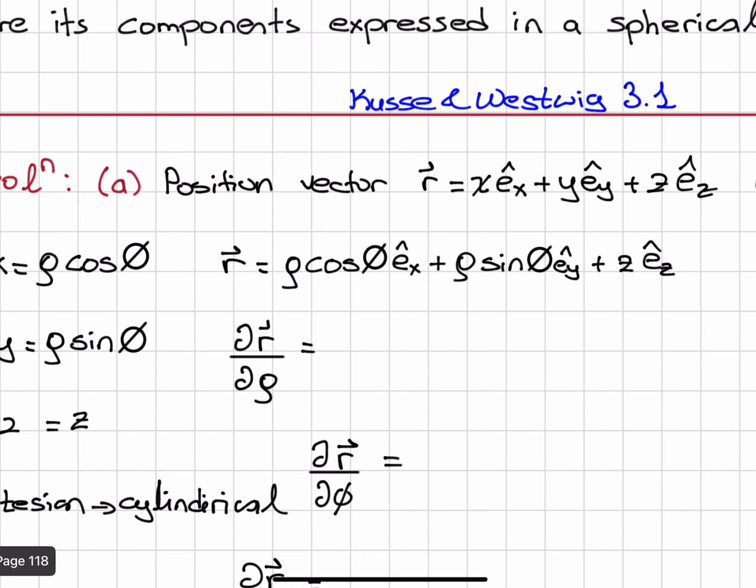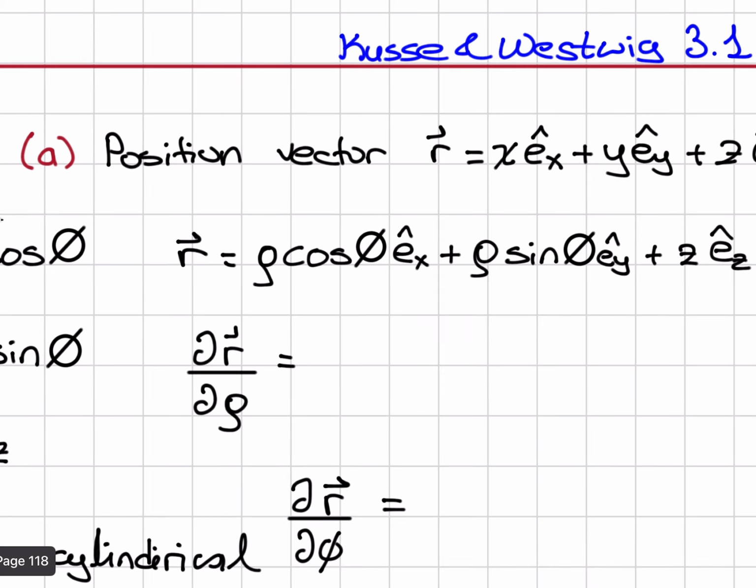Now I want to calculate the scale factors for the cylindrical coordinate system. So I have to take a derivative of the position vector with respect to rho. This gives me cosine phi in the ex hat direction plus sine phi in the ey hat direction. There is no rho for the z part.